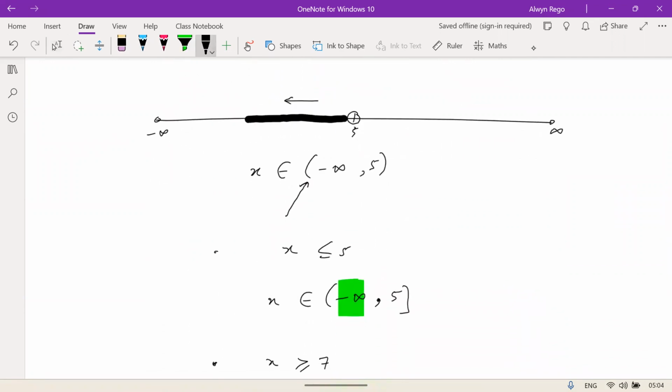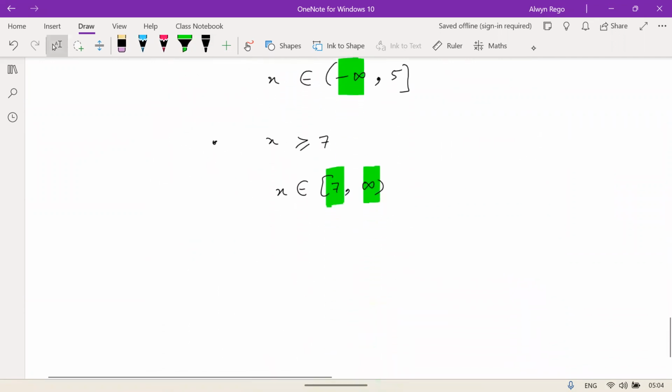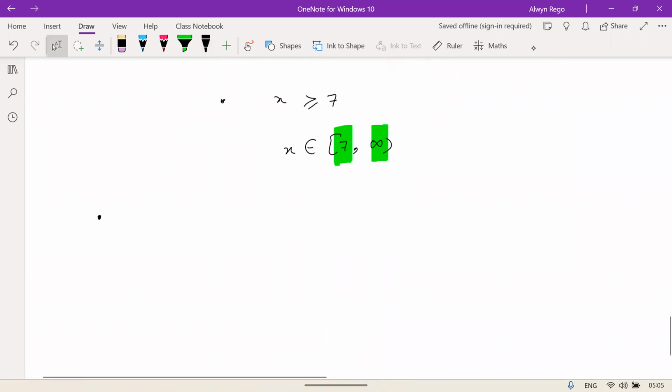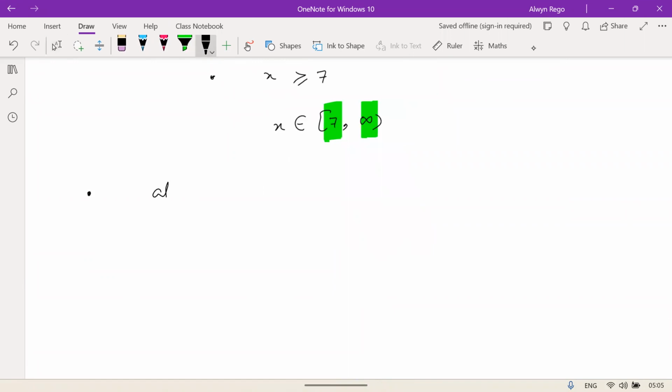Another thing I want to revise is the words which are often used: at least and at most. When I say at least, I mean more than or equal to. Give me at least $5.